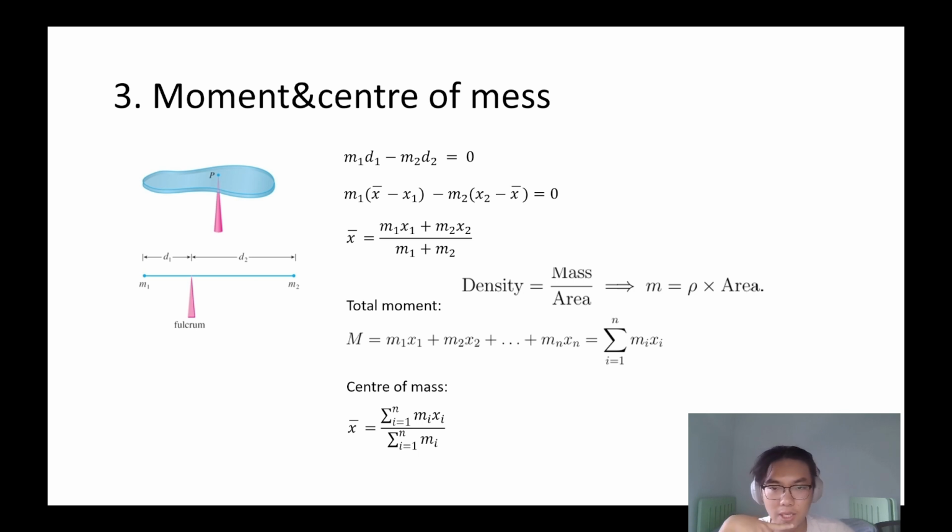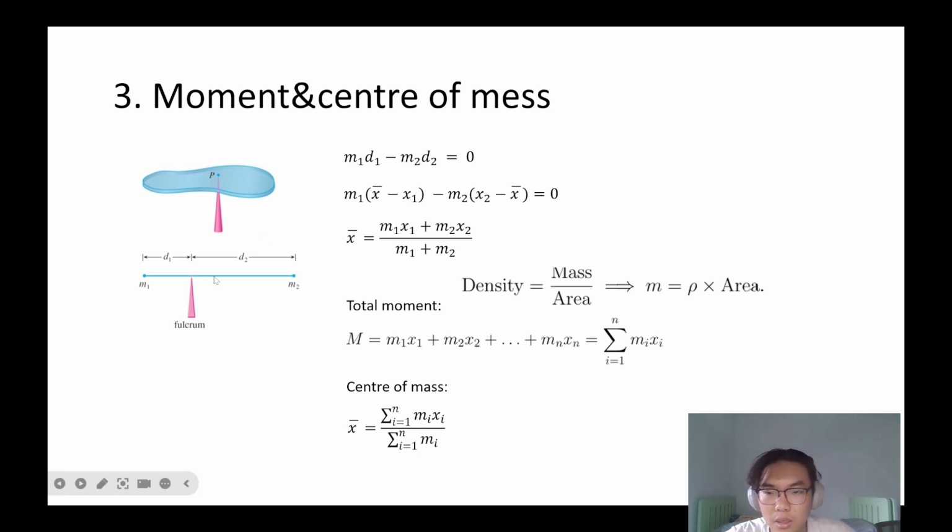First we need to know the moment of the object. For a line, we get the mass of this point multiplied by d1 equals the mass of the other point multiplied by d2. So m1 d1 minus m2 d2 equals 0.